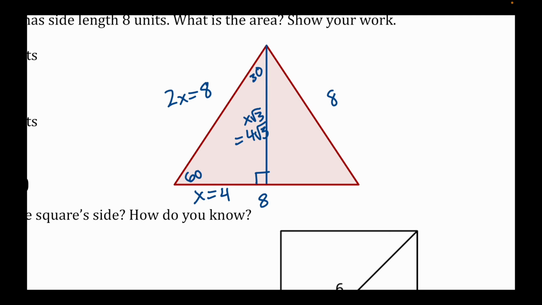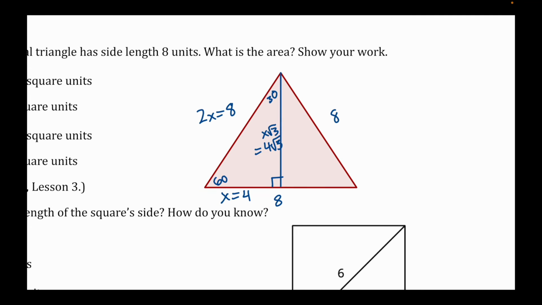Now, to do the area of a triangle, we have to do area is 1/2 base times height. And if you want to be a little sneaky, we actually already have half of the base, and that's 4, because the whole base here is 8. But our height is this 4 root 3.